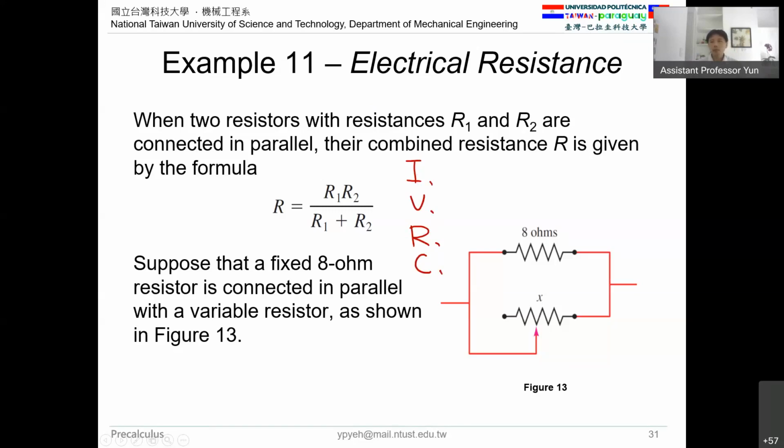For example, if you have a cell phone, you can know why the cell phone can work with some tiny IC devices here.